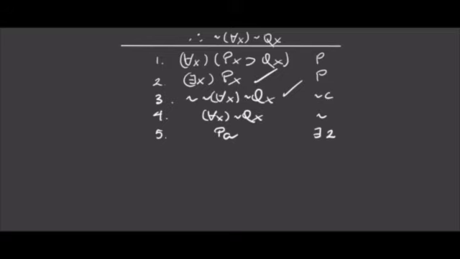And then I'm left with 2 universals, a universal in 1 and a universal in 4. I can do either of those. I'm going to use the one in 4 because it's shorter, so there's no rule here. So I'm going to say not QA, and that is by the universal in 4.